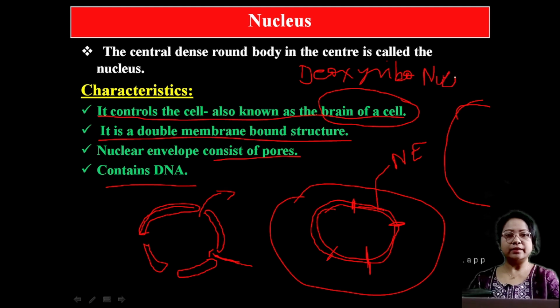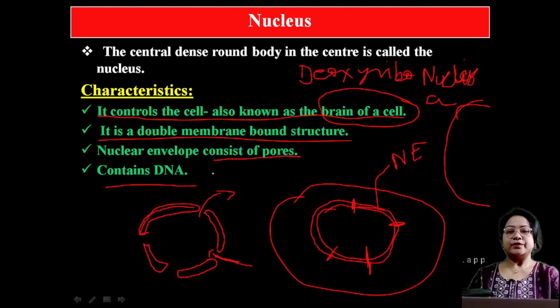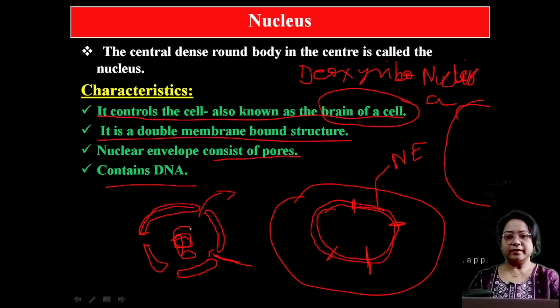So this DNA is found in scattered form inside the nucleus. Now these are the characteristics of a nucleus. Then let's move to the next one.